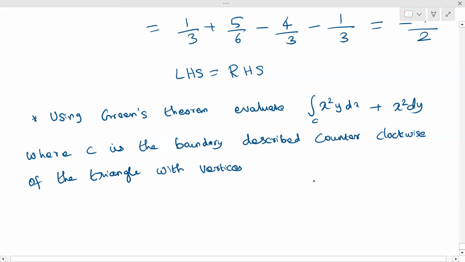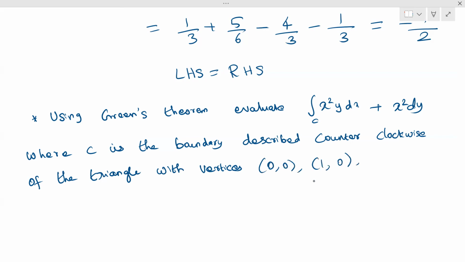Here they are given that C is the boundary of the triangle in the XY plane with vertices (0, 0), (1, 0), (1, 1).